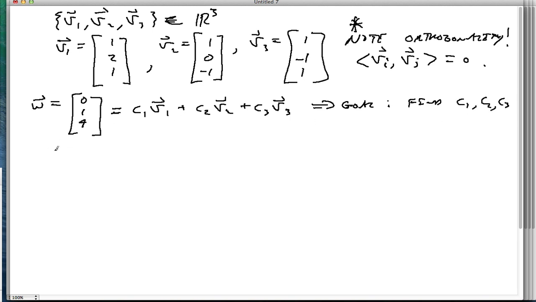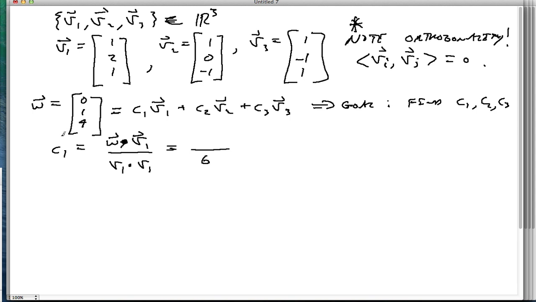All right. So we're going to use our formula. C1 is going to be equal to the inner product, in this case a dot product, of W with V1, all over V1 dotted with V1. Okay, so we can easily do this. The dot product of V1 with itself is going to be 6.